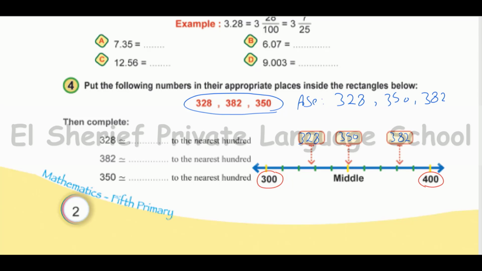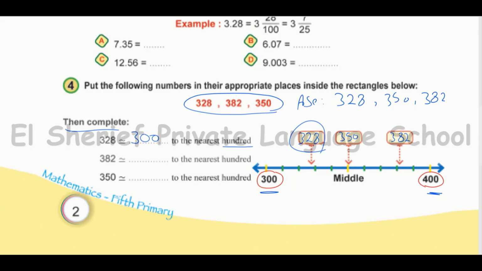Here he said, then complete: 328 to the nearest 100. We note that 328 is nearest to 300 or 400? Yes, correct, nearest to 300. Good, my dear student.